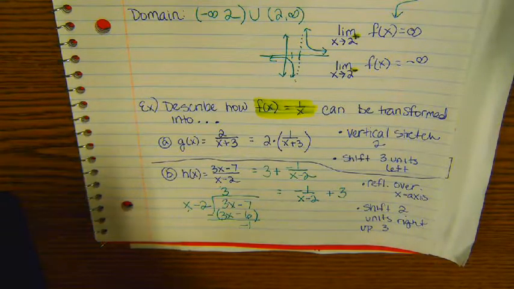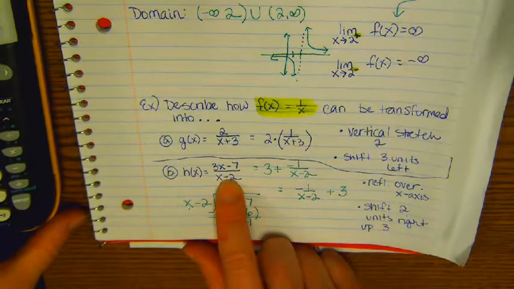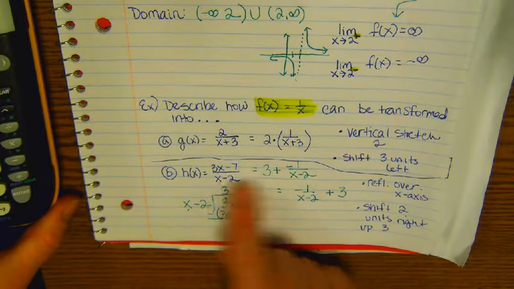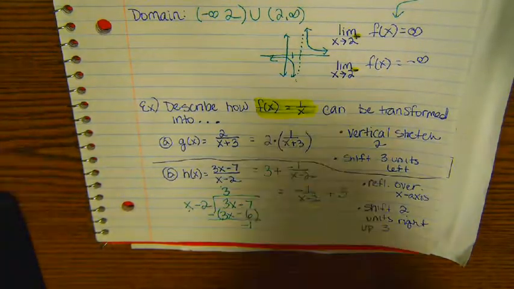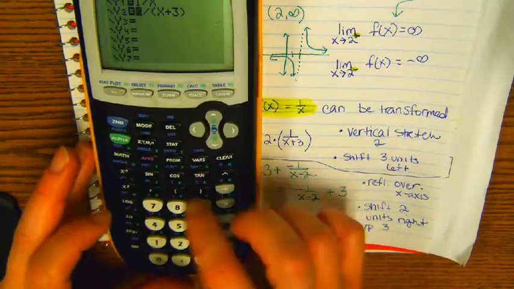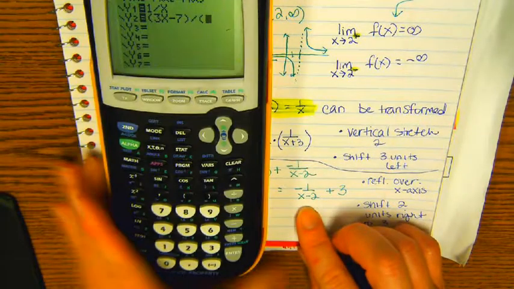Alright, and so I'm going to put it in its original form so you can see that these are identical. We just wrote it as a quotient instead. Because a division bar and a fraction bar are the same thing. So in its original, it was a 3x minus 7 on top, and it's x minus 2 on the bottom.